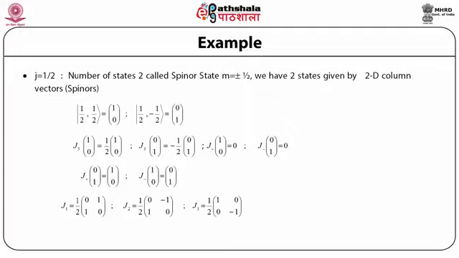So from these relations, that is from the action of J plus, J minus, J3 onto the two states 1 0 and 0 1, having obtained that, we can then write down a representation for the operators J1, J2 and J3.